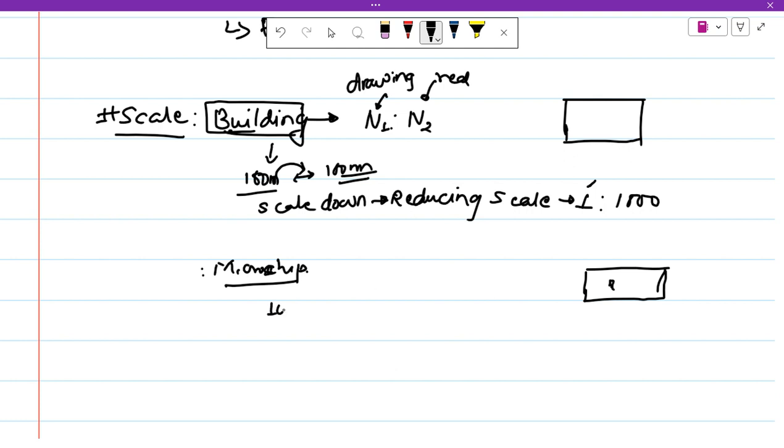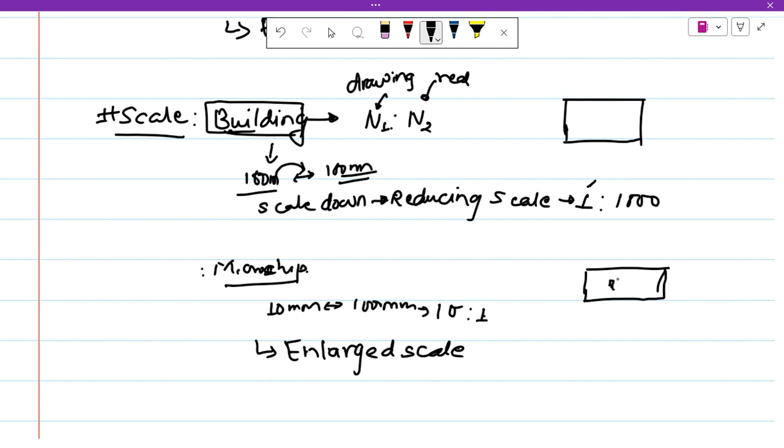If we have a 10 mm long microchip, we can make it 100 mm. So this is known as enlarged scale. We have enlarged it because our drawing sheet will be 10 times greater than the real one. So it is an enlarged scale.